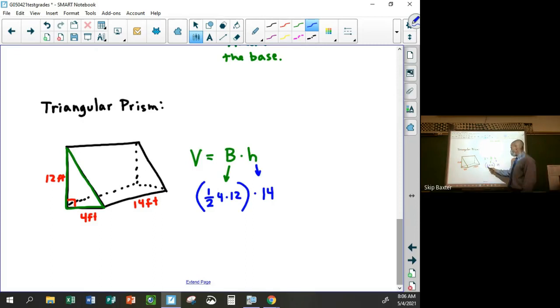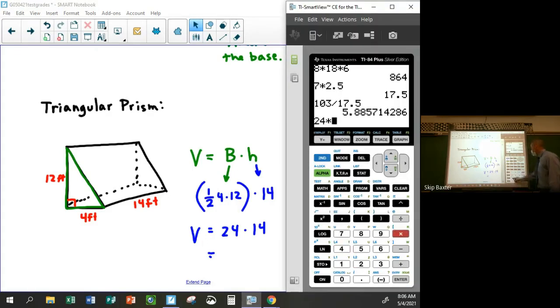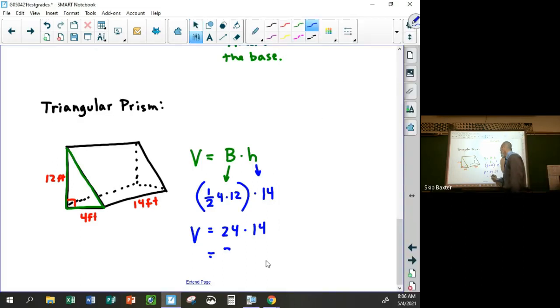Okay, so half of 4 times 12, that's half of 48 is 24. So the volume would be 24 times 14. 24 times 14 is 336 cubic feet. Feet cubed.